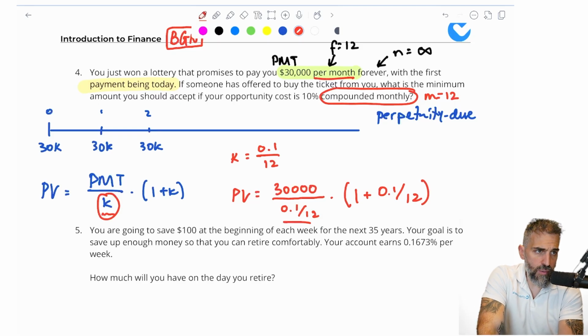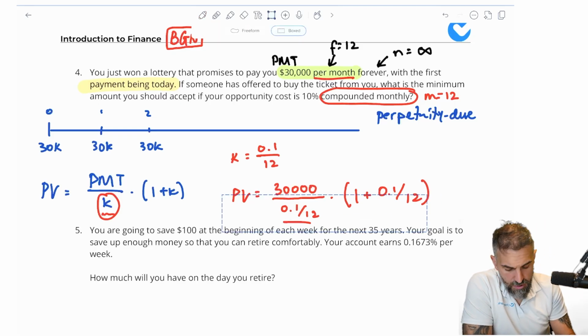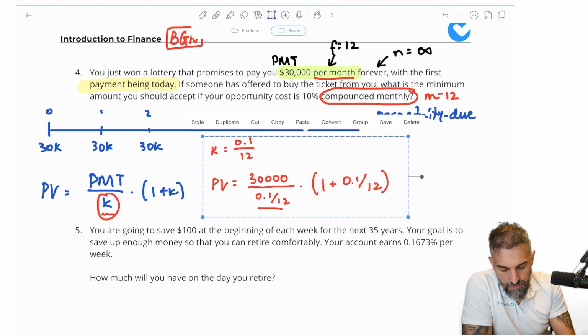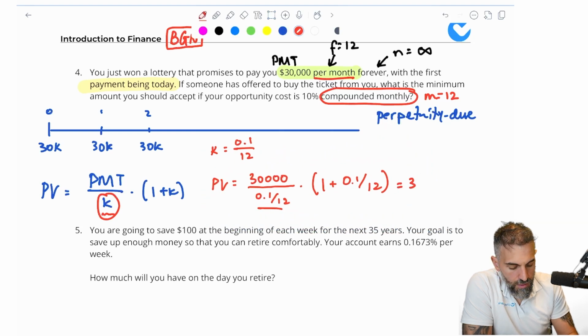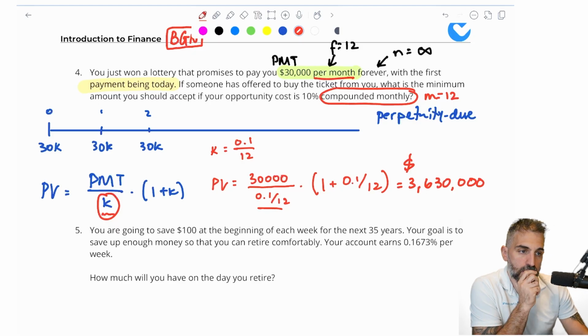So 30,000 divided by 0.1 over 12 times 1 plus 0.1 over 12. So I get 3,630,000. This lottery ticket is worth 3,630,000.